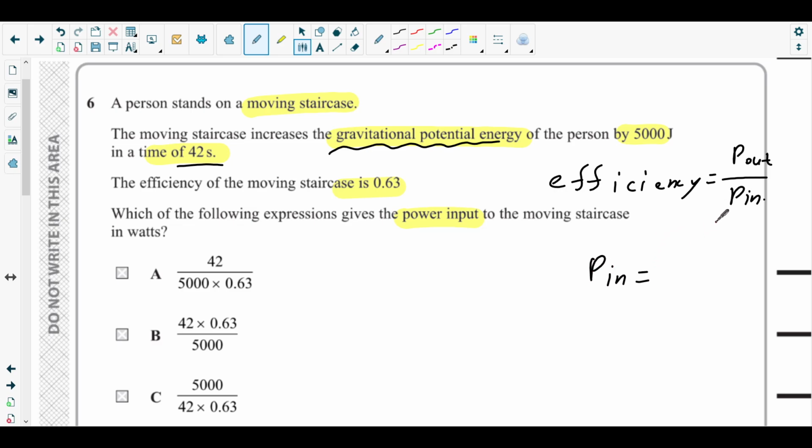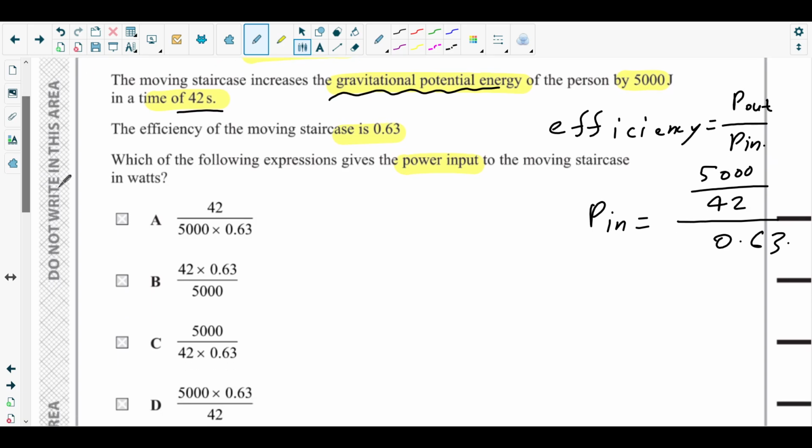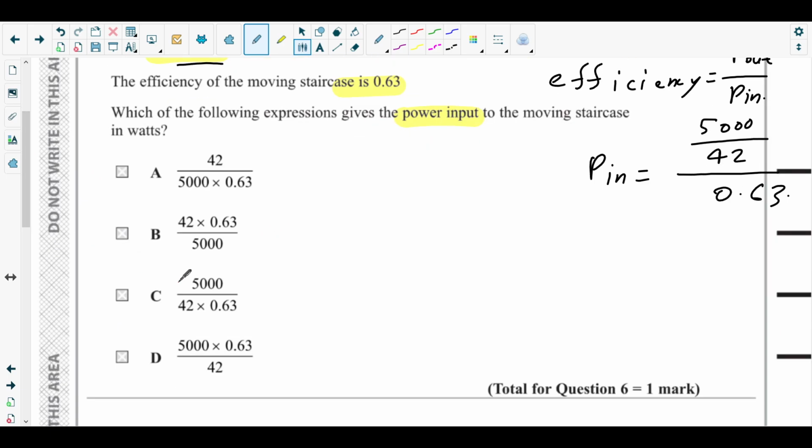So power output would be 5000 over 42, over input power is 0.63. Which of the options is similar to that one? Exactly C, right? 5000 over 42 times 0.63. If you take 0.63 to the denominator, it will get multiplied with 42. So C is the answer.